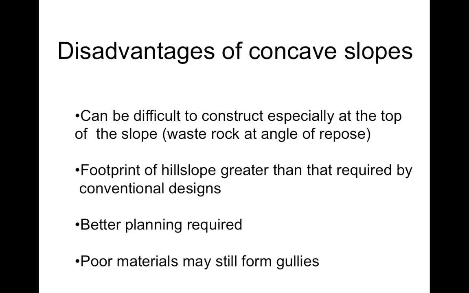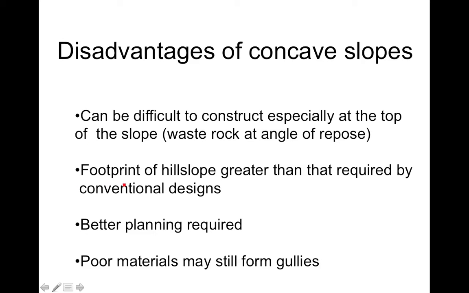The disadvantages of concave slopes: they can be difficult to construct, right? Especially at the top of the slope where you have very steep slopes, it's very difficult to engineer or to bulldoze them into the slope, particularly if you've got angles now approaching 30 degrees, which are at the limit of where some of these machines can operate.